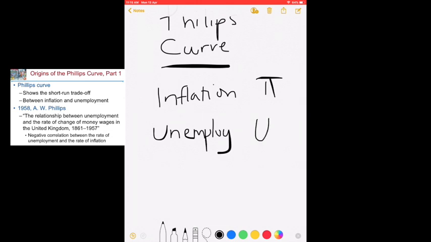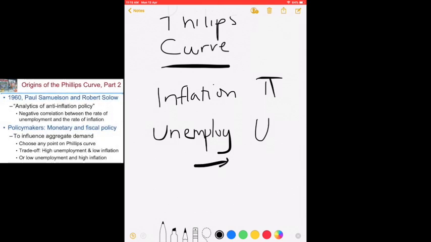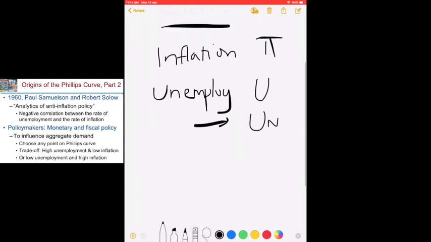One of them is going to be the current unemployment in the economy. The second one is going to be the natural rate of unemployment that we've discussed earlier, are actually inversely related in the short run.